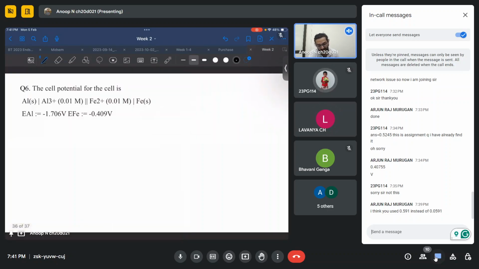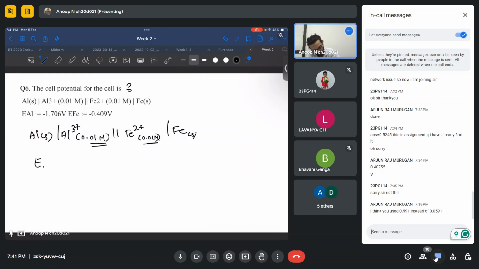Last question. The cell potential for the cell is, what's the answer? So this is a cell reaction: Al bar Al3+ 0.01 molar, Fe2+ 0.01 molar, same molarity, bar Fe.